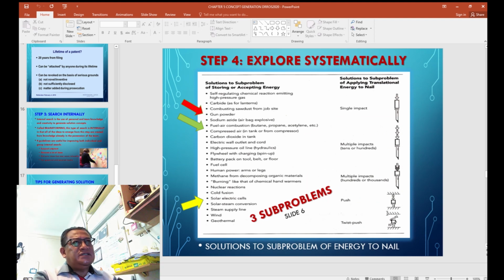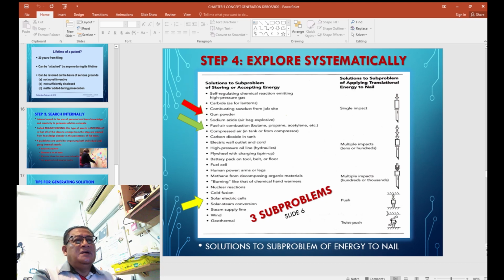Now, after searching externally and internally, you by that time have some ideas how to approach producing your newly suggested product. For example, for this nailer roofing machine, there are a few suggested solutions in order to deliver the punch, or what sort of technology to use.